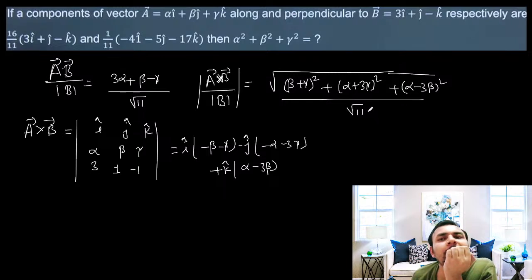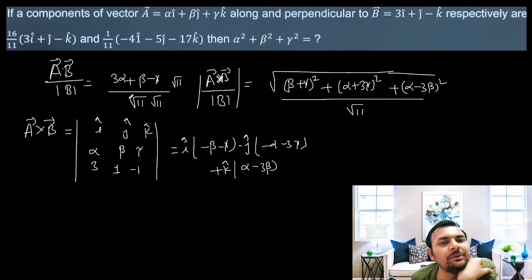Okay, so we are told that this is equal to this value. So that means we'll have to multiply with root 11 and root 11.